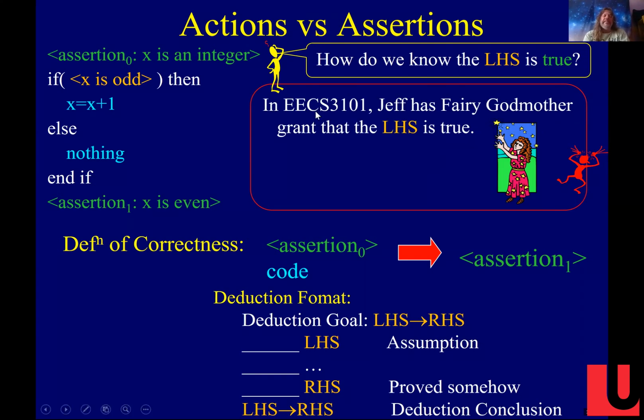Now in 3101, sometimes I'm going to talk about the fairy godmother. I'm at the top of the loop. I can ask for whatever I want to be true. I'm going to ask the fairy godmother to assure me that the assertion that I'm currently on is true, right?